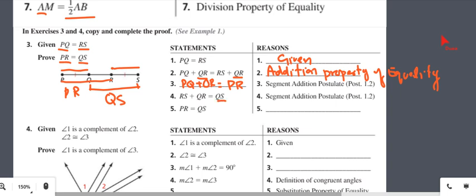Now their left sides are equal, that means their right sides are equal. Which property is this?